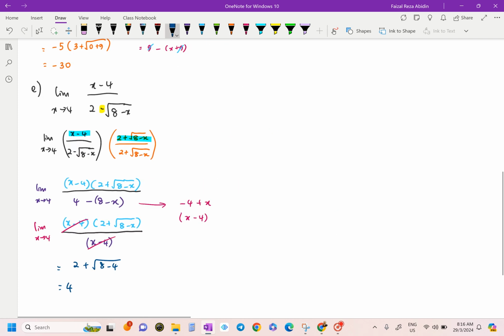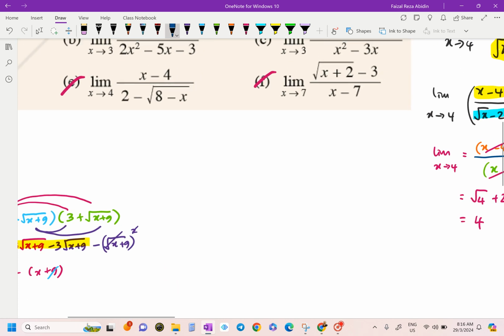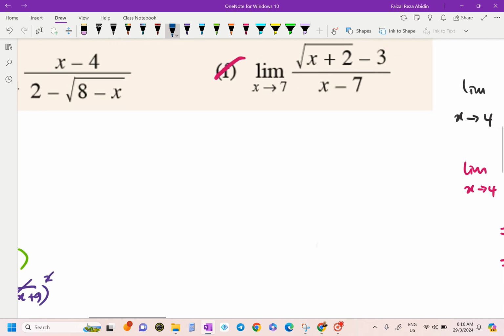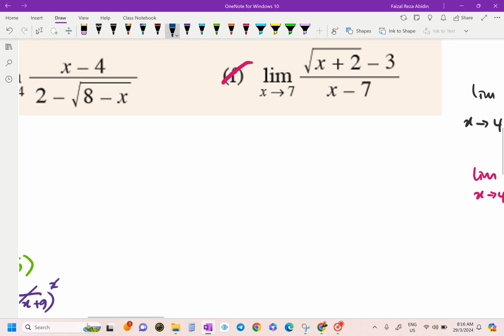Okay, now the last one, for our F. If you look over here, of course, for the denominator, if I substitute straight away, you're going to get 0. So what happened over here? You are going to look at our numerator now. Why? Because I want to have my conjugate over here.